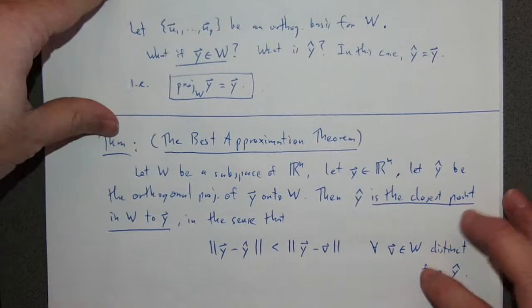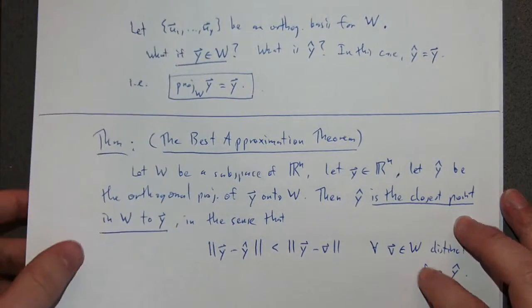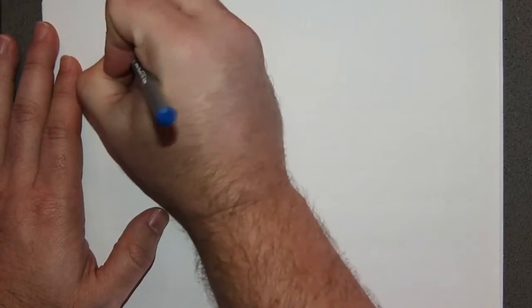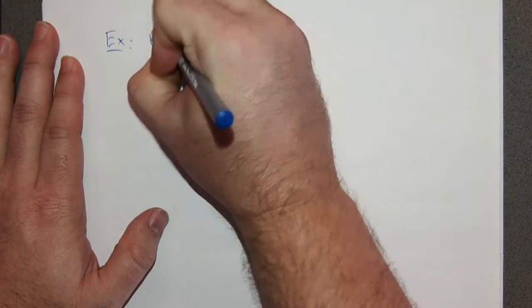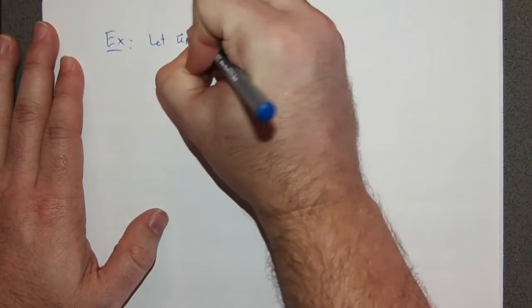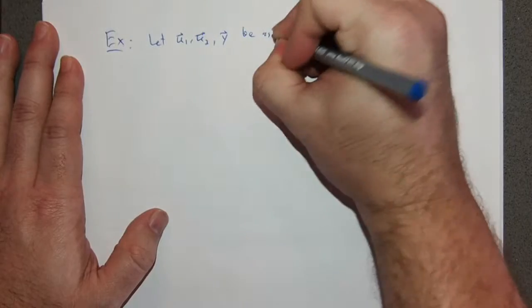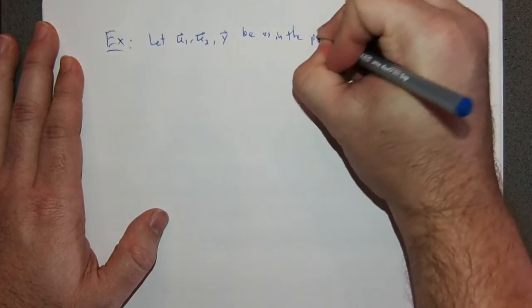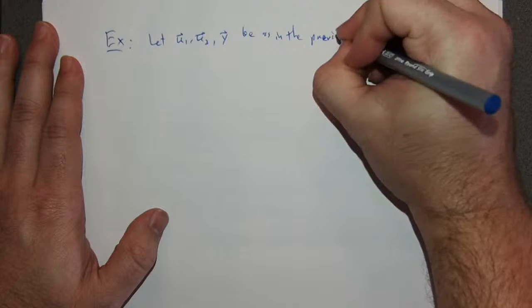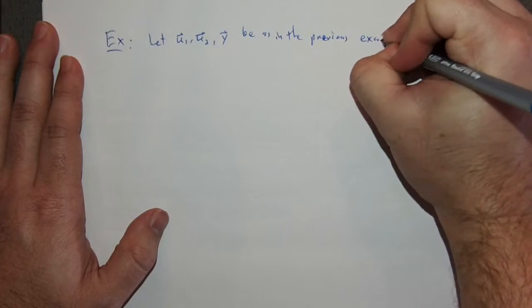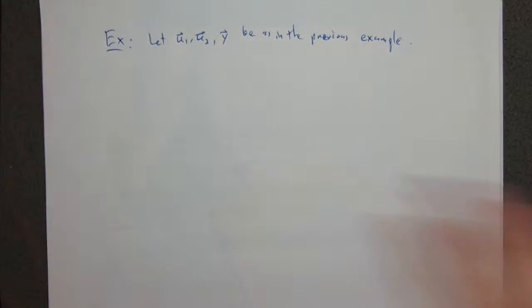Let's do an example that reuses some of the numbers from our previous example. Let u1, u2, and y be as in the previous example. Let's flash those on the screen again.